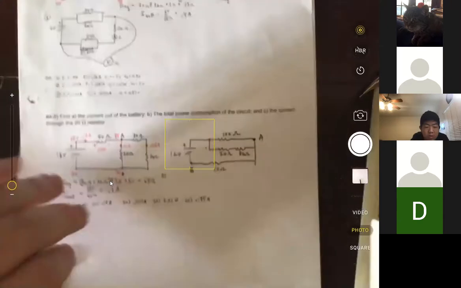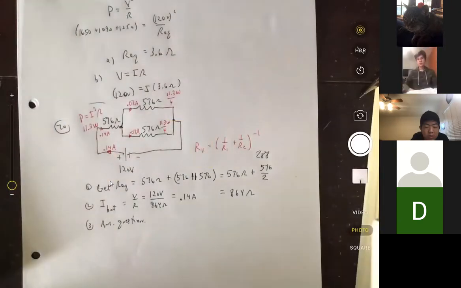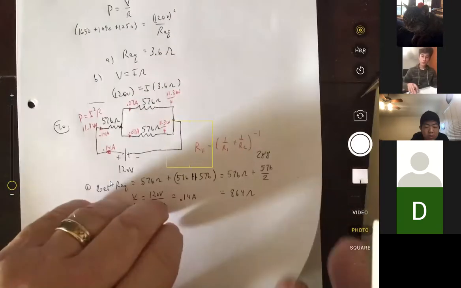Number 71. They asked about number 71 in the 10 o'clock session, and one huge fake out on number 71 is that even though they label the resistors as R1, R2, R3, R4 and R5, did you notice that they're actually identical resistors?